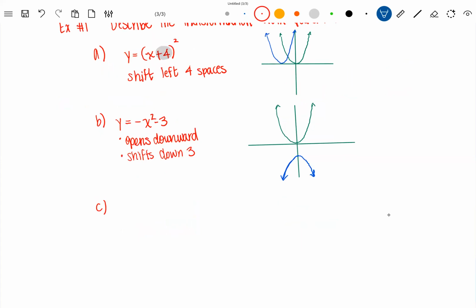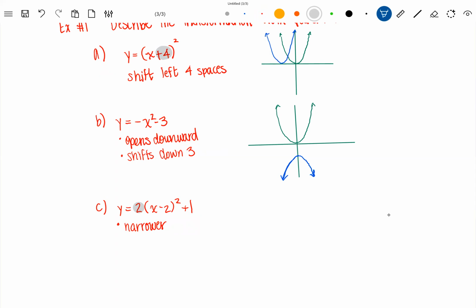C, y equals 2 times x minus 2 squared plus 1. This one has a lot going on. Both of them have an x and a square, but this one has a 2 on the outside, a -2, and then a +1. So I'm going to work my way left to right. This 2 is bigger than 1, so this graph is narrower than the parent function.